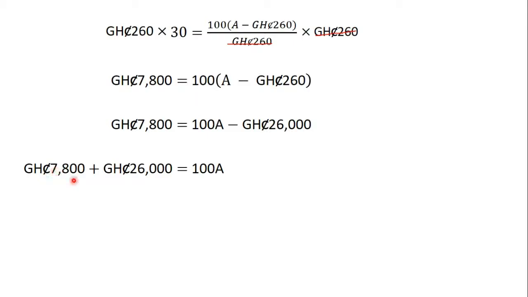You have 7,800 Ghana cedis plus 26,000 Ghana cedis is equal to 100A. When we add these two, we are going to have 33,800 Ghana cedis. So 100A is equal to 33,800 Ghana cedis.